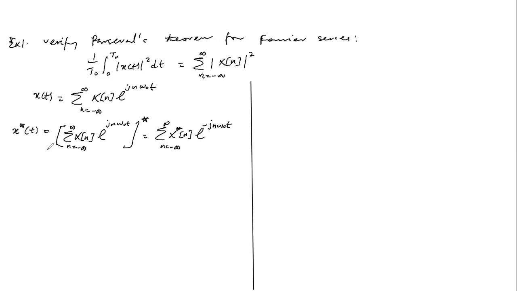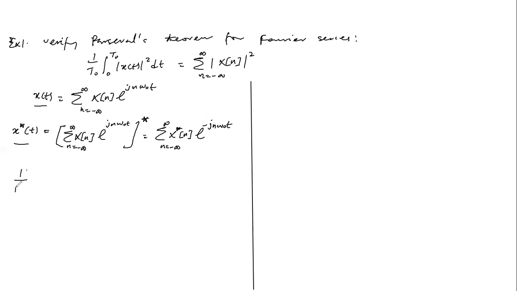Now that we have s of t and its conjugate, to estimate the average energy we multiply both and integrate over the fundamental time period and divide by the fundamental time period.